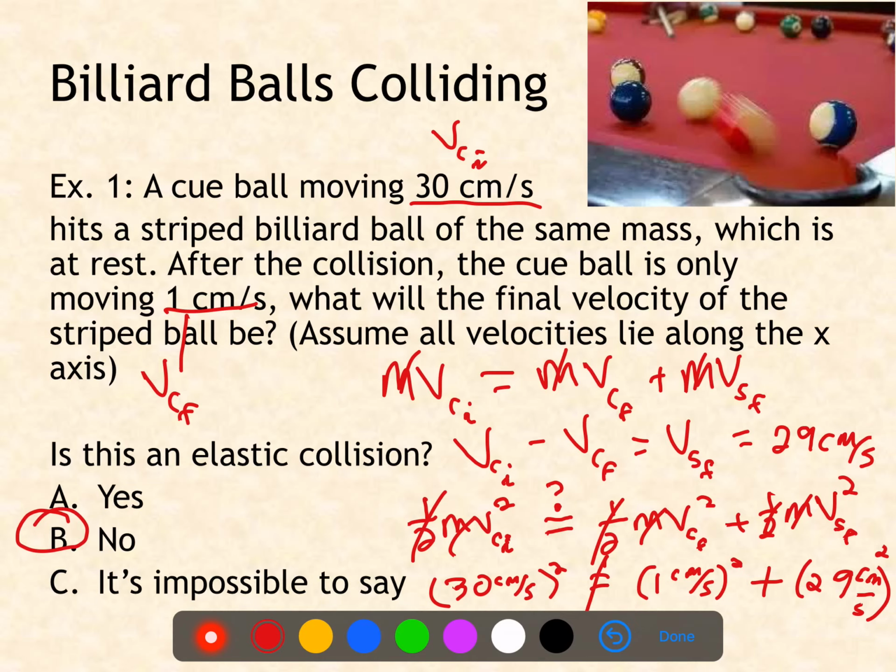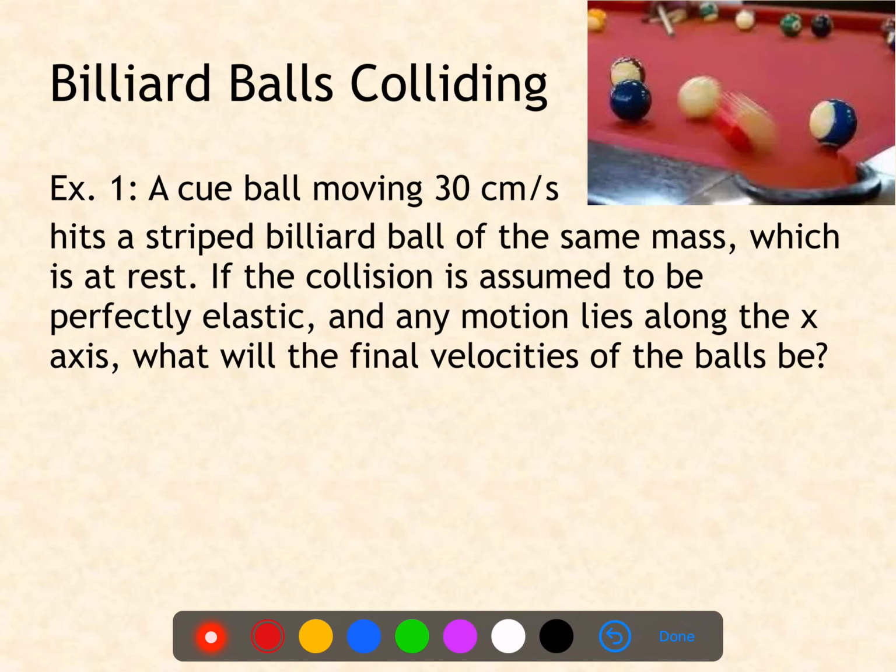So the question is now, what would have to be the case for it to be perfectly elastic? For it to be perfectly elastic, you would want the momentum to be completely transferred to the striped ball. In other words, you would want the final velocity of the cue ball to be equal to 0 and the final velocity of the striped ball to be equal to the 30 centimeters per second.